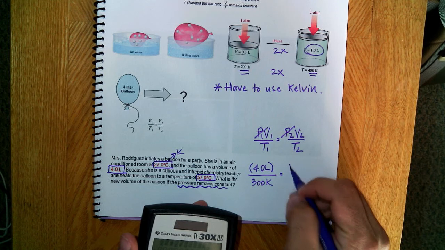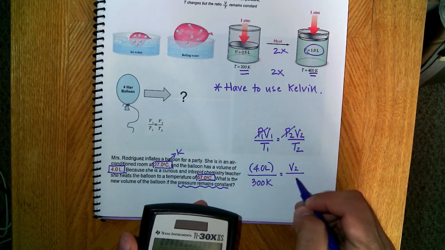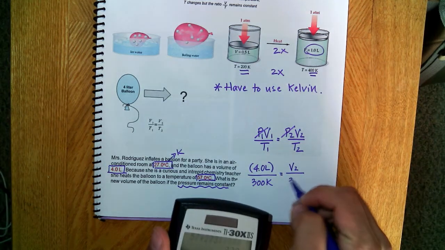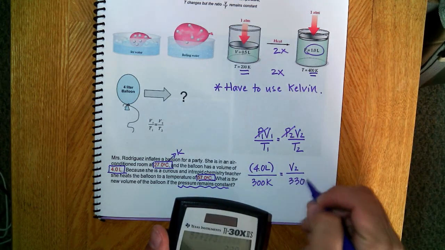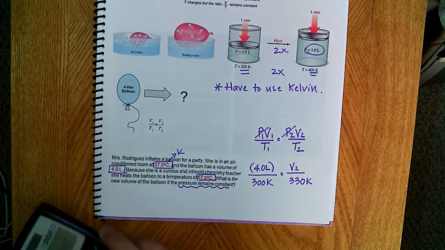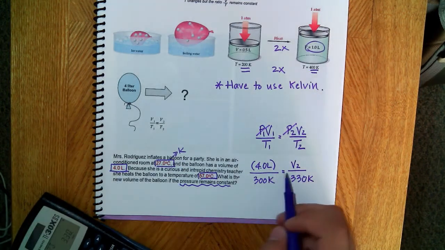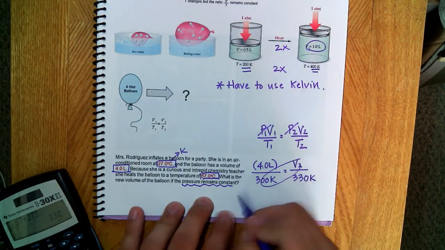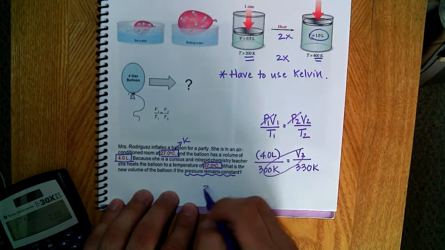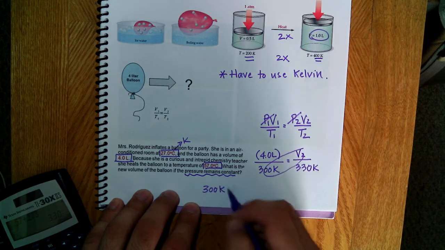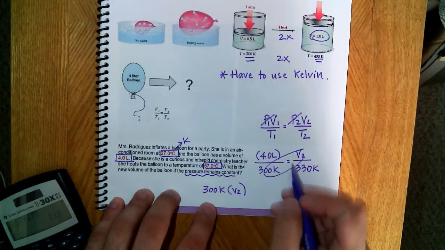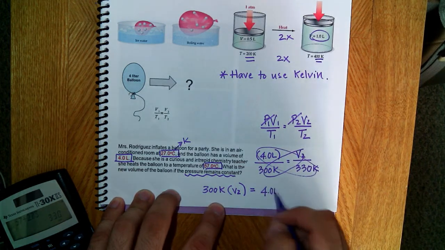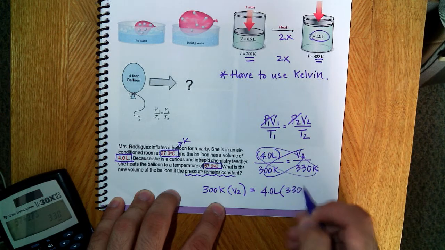We want to solve for the final volume, so it's V2, after we change the temperature to 57 degrees Celsius, which is 330 Kelvin. The math here, because it's a proportion where you have something over an equal sign, we can cross multiply, and when we cross multiply, you get 300 Kelvin times V2 equals, that equal sign is still there, 4 liters times 330.